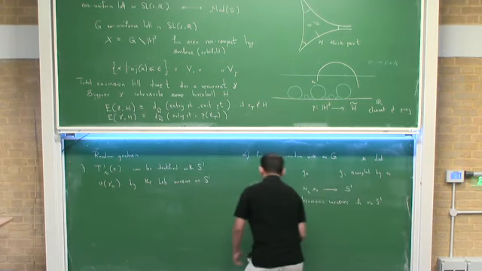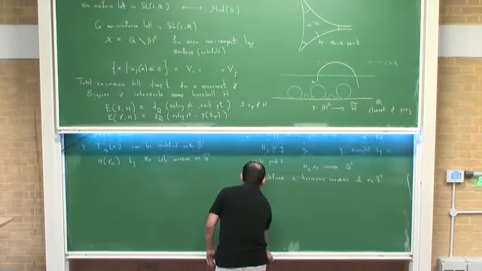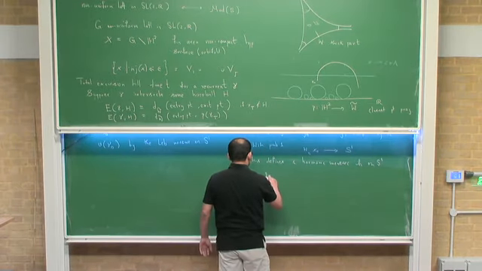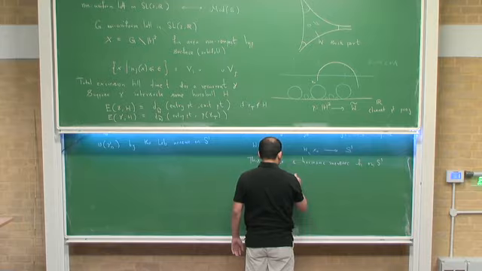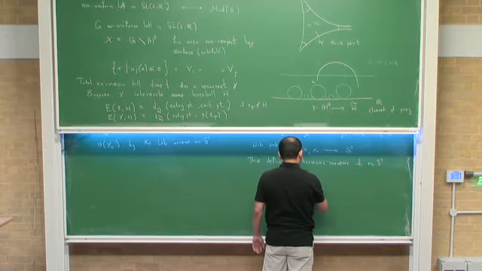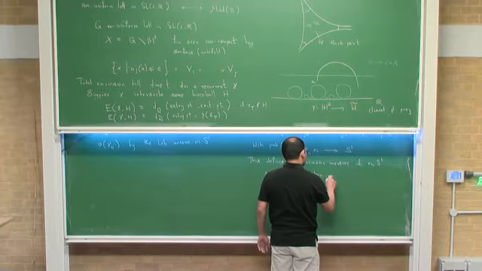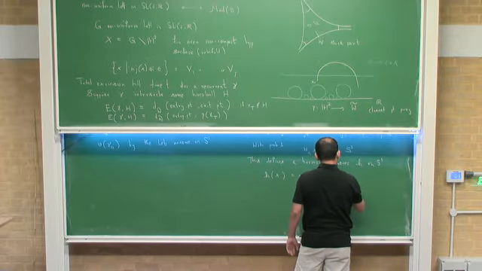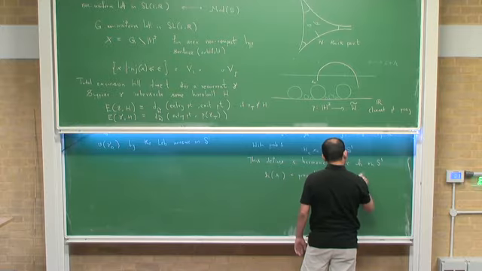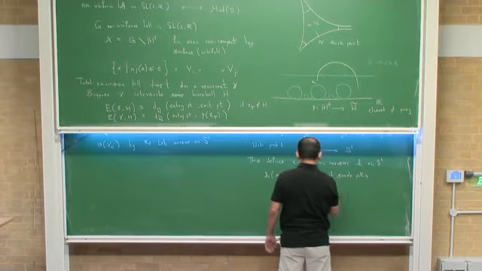So what does this measure tell us? It just tells us the distribution. So the measure of a set A is the proportion of sample paths that converge to it.